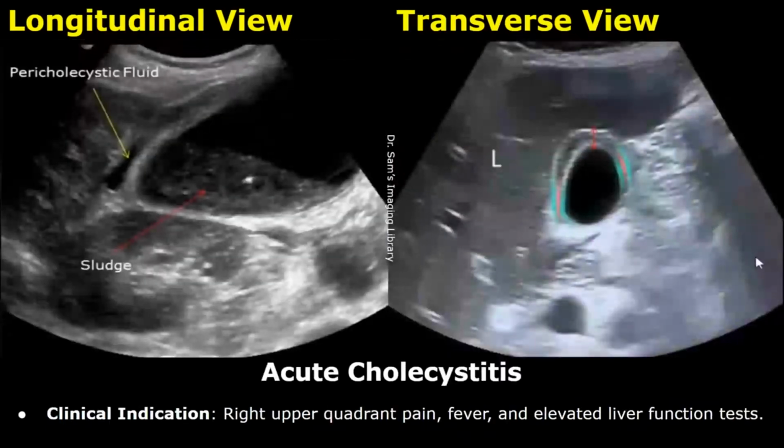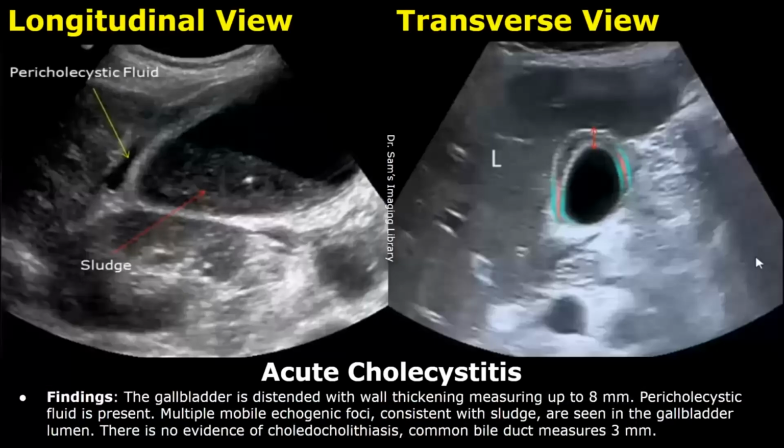Now we will look at acute cholecystitis. The clinical indication can be right upper quadrant pain, fever, elevated liver function tests. In the findings, you can write about the distended gallbladder with wall thickening and the measurement of the wall. Then you can mention the presence of pericholecystic fluid.